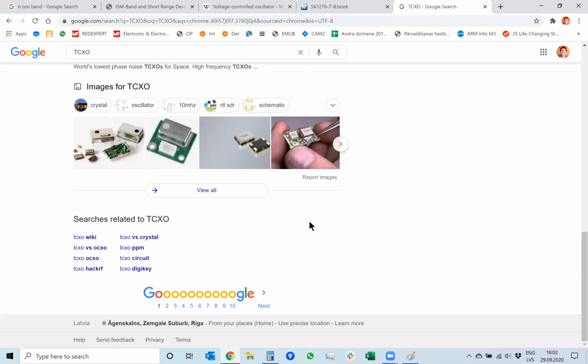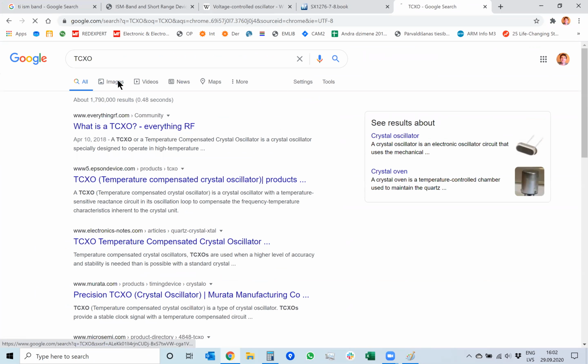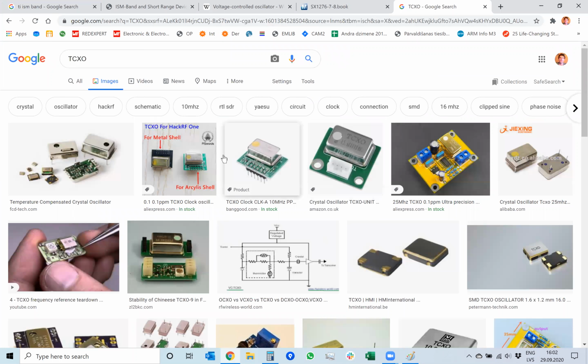I wonder if there is some article about it. And the idea is that in this temperature compensated crystal oscillator, its construction is such that when the crystal expands, there's another piece of metal that expands the same amount and pushes the crystal back together so that the temperature is compensated.